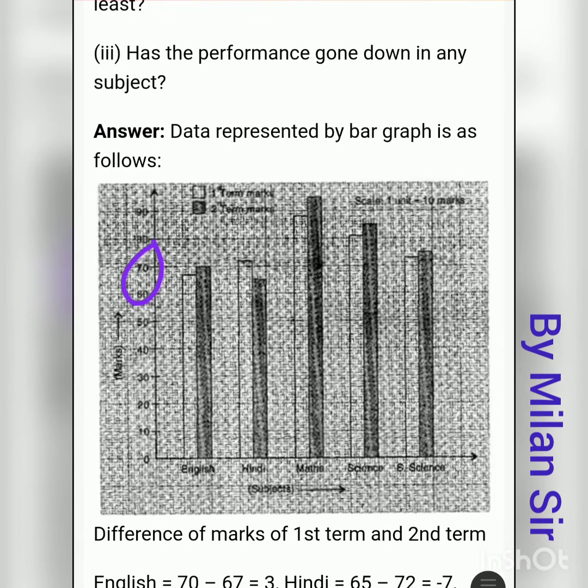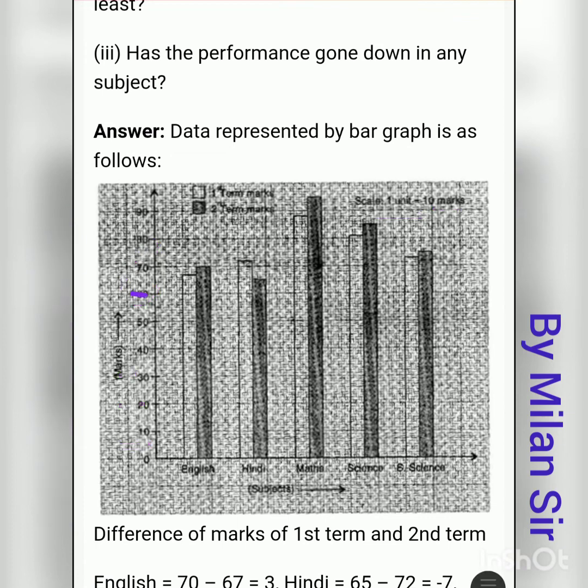And here we have this scale: 1 centimeter is equal to 10 marks. One box represents 10 marks. Now in between we have 10 lines. So if we want 67, after 60 we want the 7th line, which represents 67.